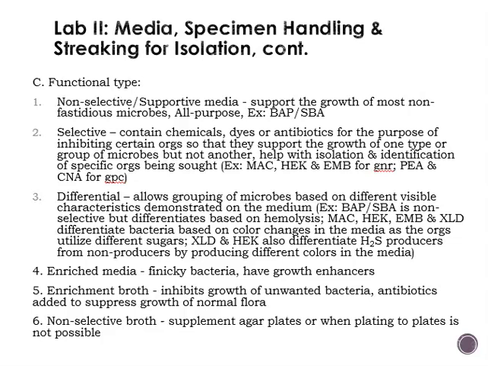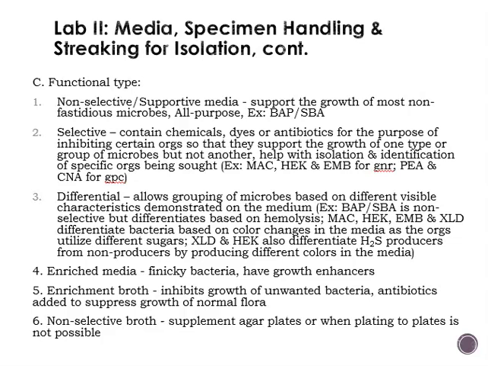Then we have selective media that are going to contain chemicals, dyes, or antibiotics for the purpose of inhibiting certain organisms so that the media supports the growth of one type or group of microbes but not another. So it's essentially by those chemicals, dyes, or antibiotics that are in the media, it helps the media to select, which is why it's called selective, select the organisms that will grow on the plate.